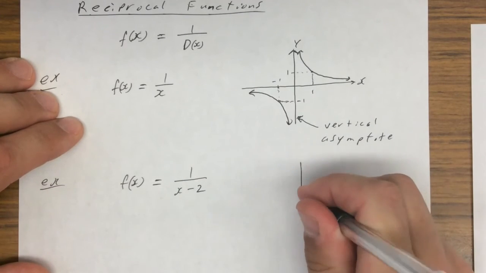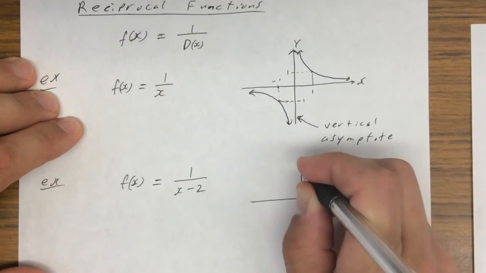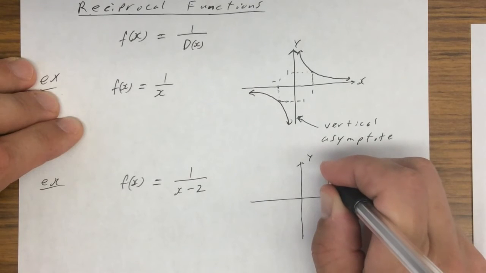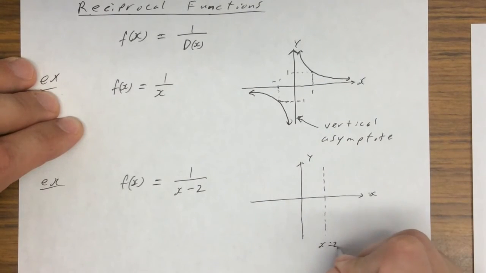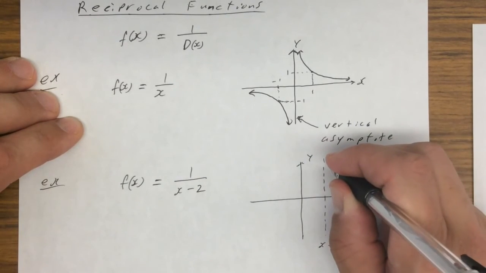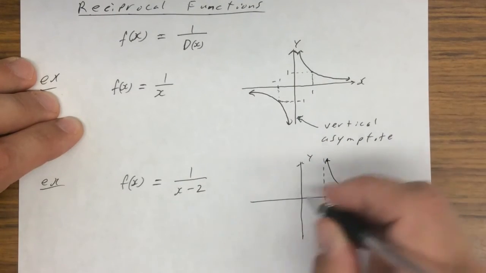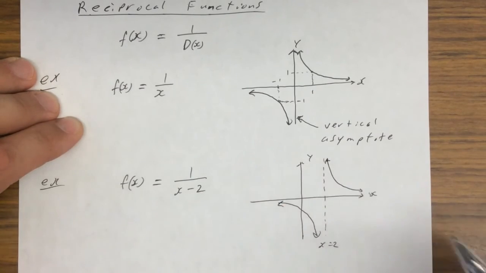You've got x, y, and here's 2, say. So you put in the line x equals 2, and now you're just shifting this function to the right, so you're getting this type of effect, and it looks like that. Same type of shape, just shifted over.